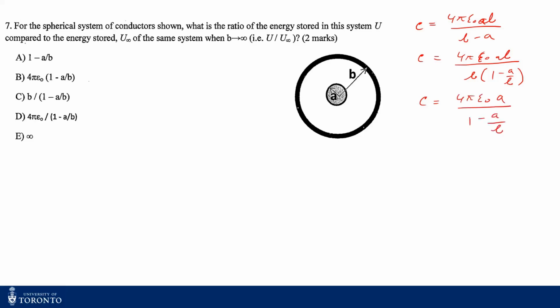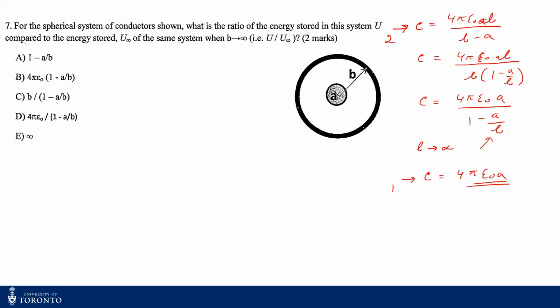Now if my b moves to infinity and I plug this value into the equation, I see the capacitance of the system for a single conductor is just 4 pi epsilon naught a. So this is the formula that I'll be comparing with the two conductor system. This is for the two conductor system, and this is for the one conductor system. So I'll be comparing these two formulas.